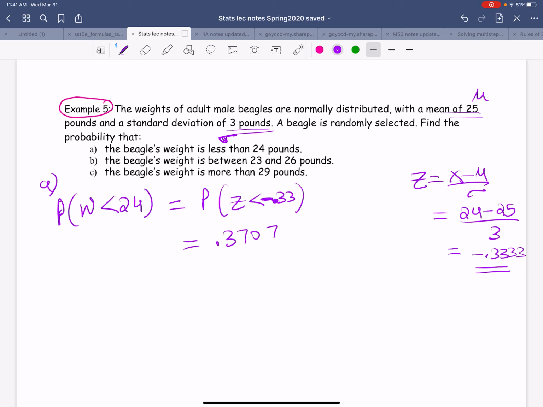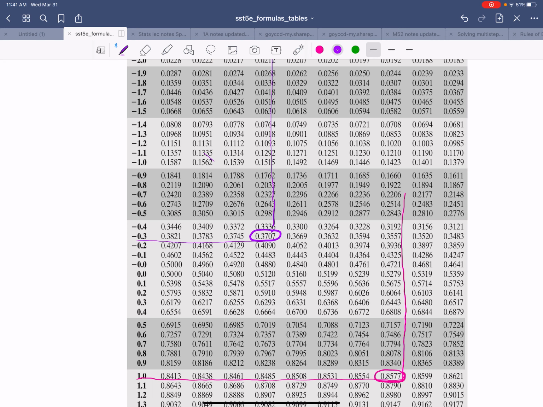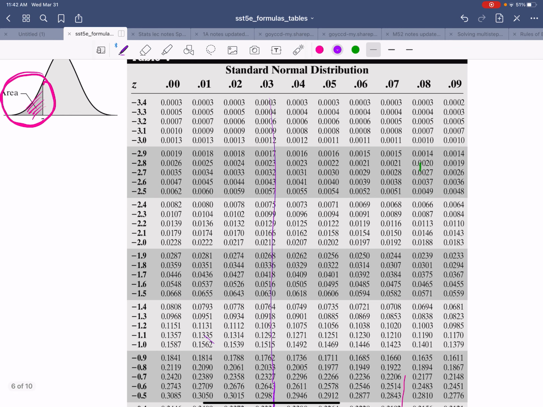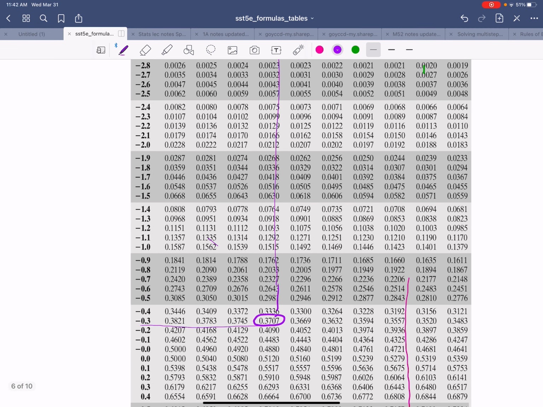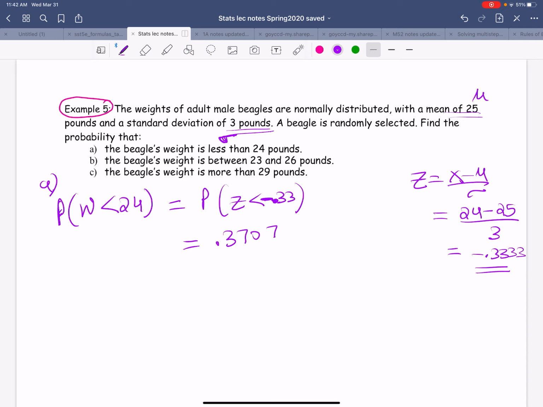Let me check one more time. 24 minus 25 divided by 3 is negative 0.33, and we're looking for the area to the left of negative 0.33. Okay, so 0.3707. That's what I got from the table. Again, if you use StatCrunch, your answer will be more accurate. It could be slightly off in terms of the decimal, but that's what I'm getting from this table.